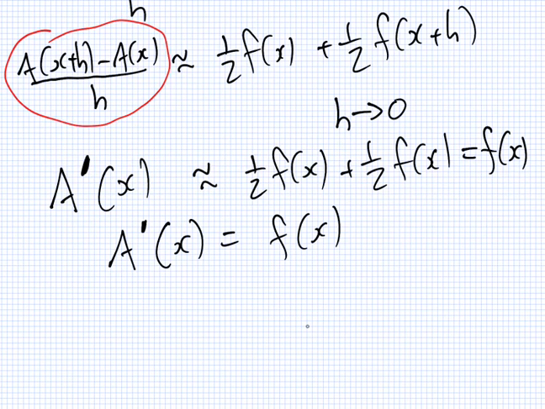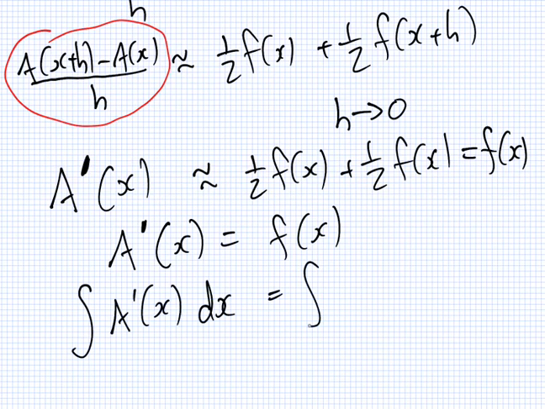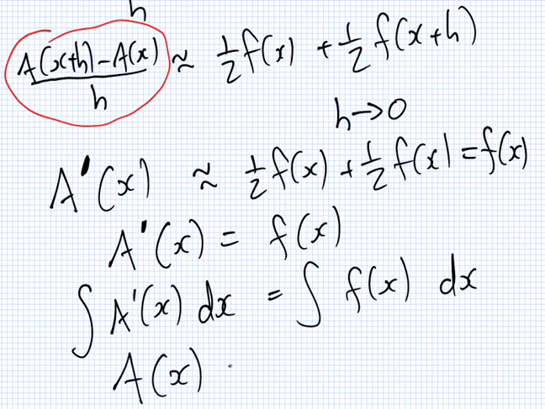Okay. So how do I cancel a derivative? Yes. So if I put now an antiderivative on both sides, I get this. So I get A(x) equals this.